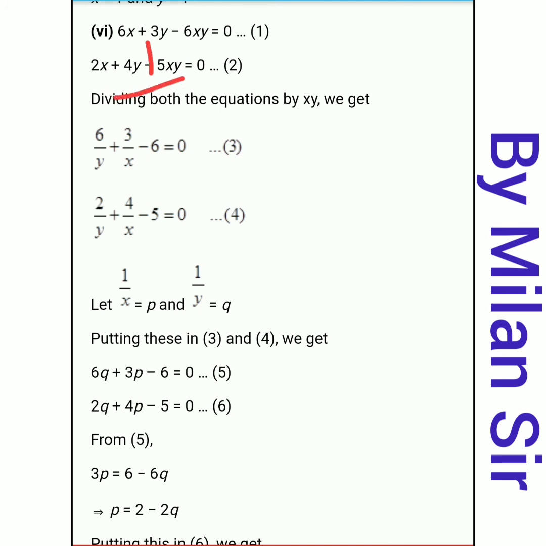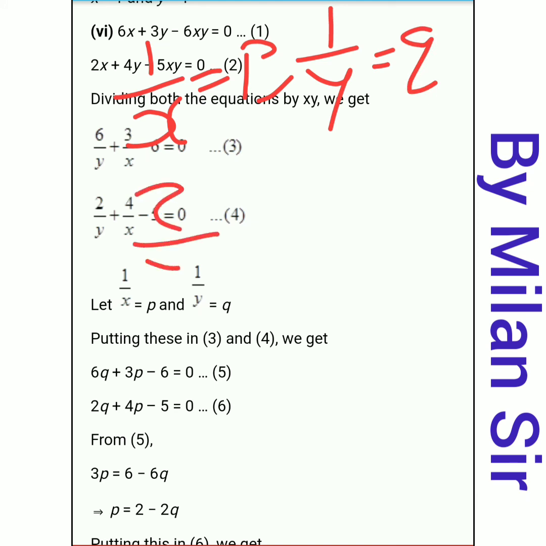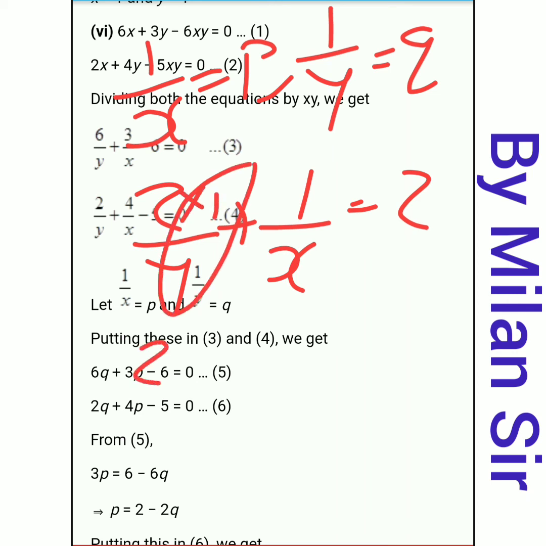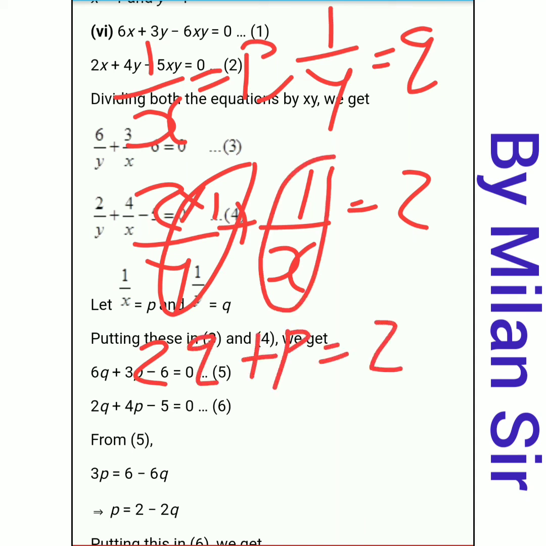Now assume 1 upon x is equal to p, 1 upon y is equal to q, right? So our first equation 2 upon y plus 1 upon x is equal to 2. Here 1 upon y is q, 1 upon x is p. So 2q plus p is equal to 2. This is our equation number 3.